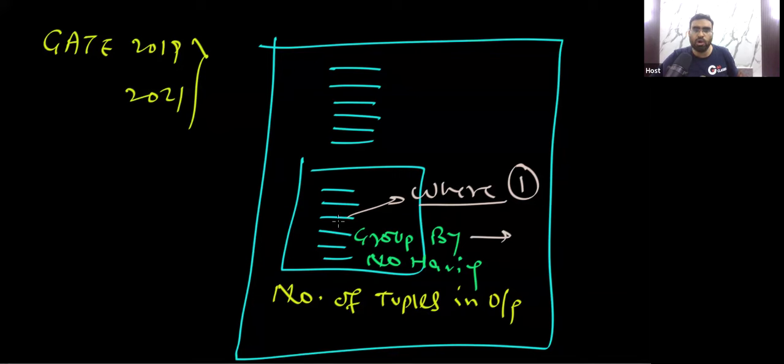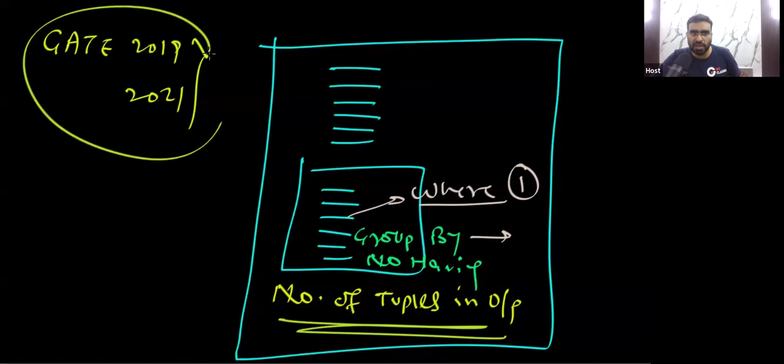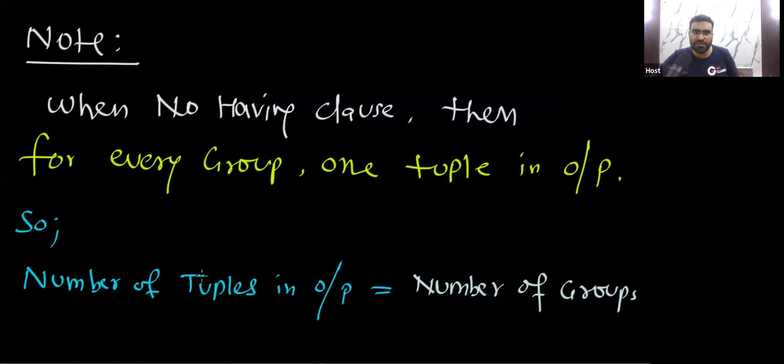Then you don't have to do anything else, you don't have to look at the select. The answer will be the number of groups. I told you in the conceptual evaluation, first we filter the tuples, then we find the number of groups. You can check out those two GATE questions, and you can solve them very easily.